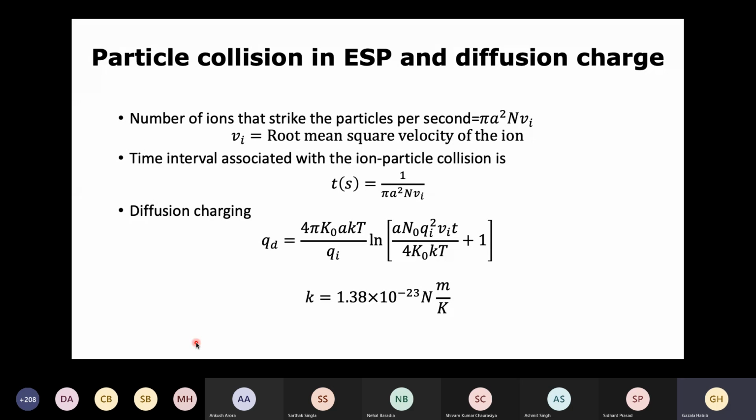You can see the formula and solve the question. The number of ions that strike the particle per second in diffusion charging can be given by pi into a square into capital N into Vi, where Vi is the root mean square velocity of the ion. The time interval is given by this formula, and K is the Boltzmann constant.